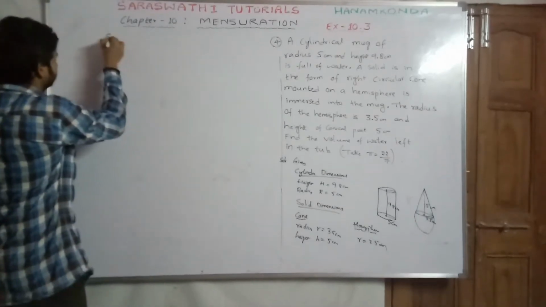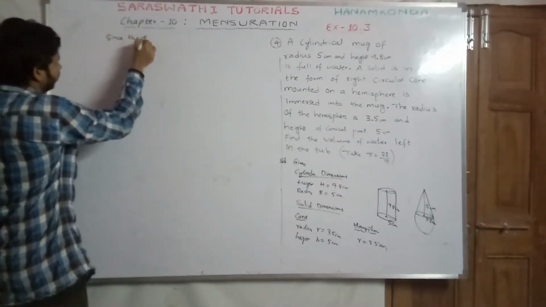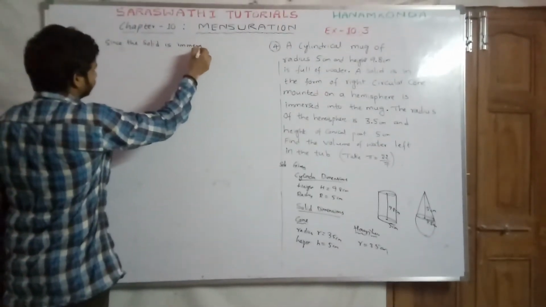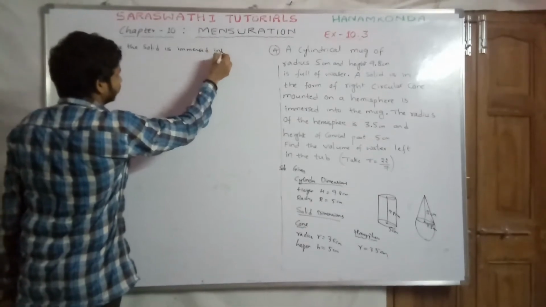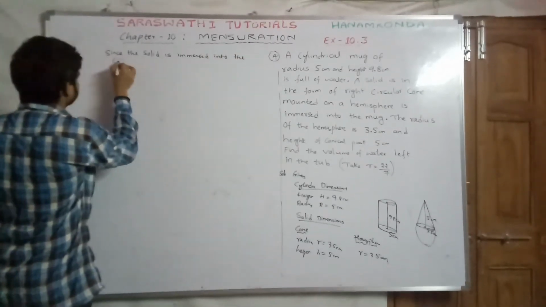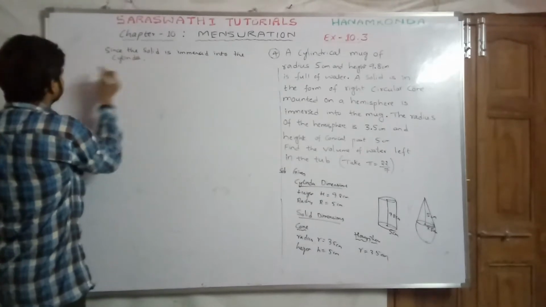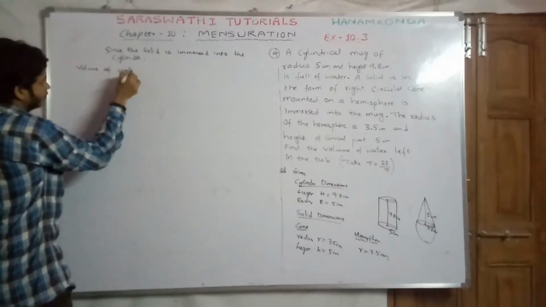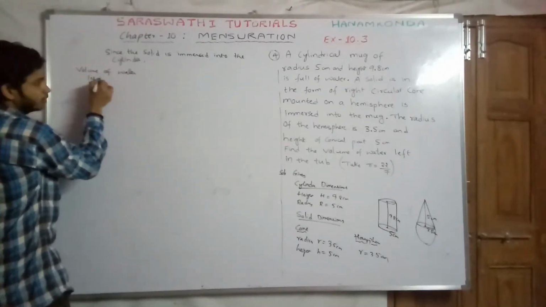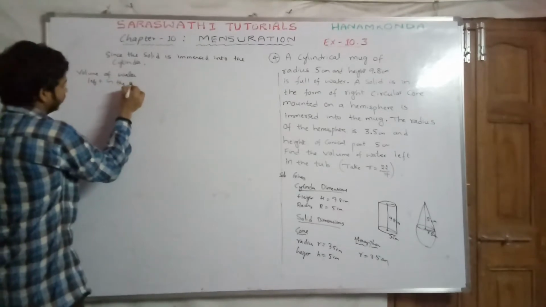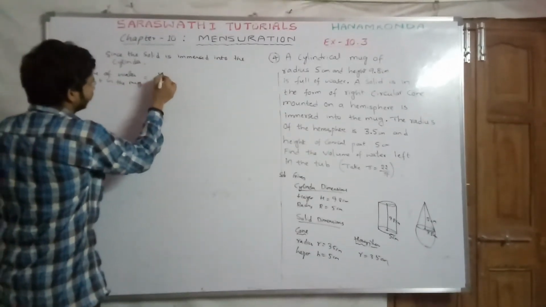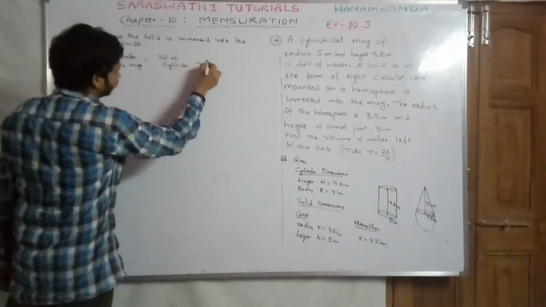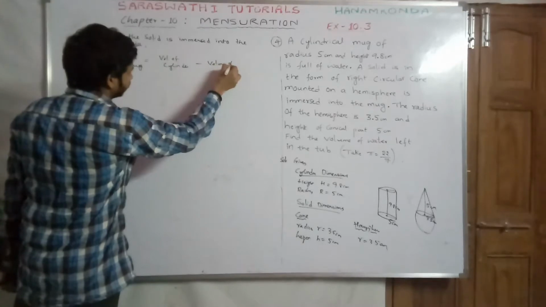Since the solid is immersed into the cylinder, the volume of water left in the mug equals the volume of cylinder minus the volume of solid.